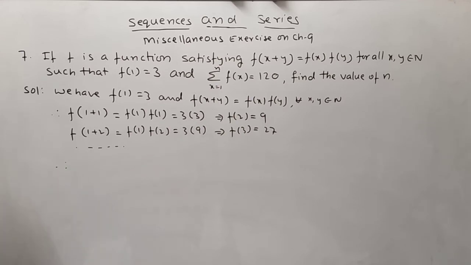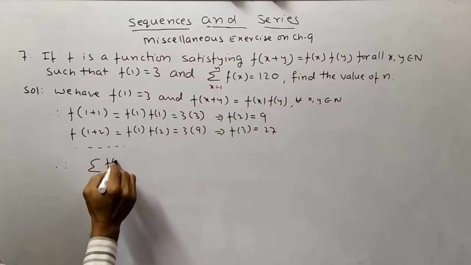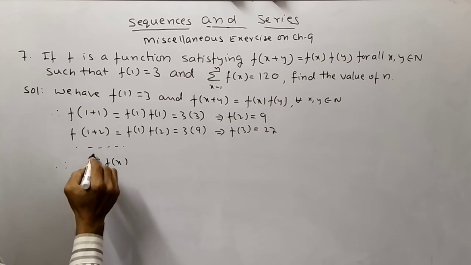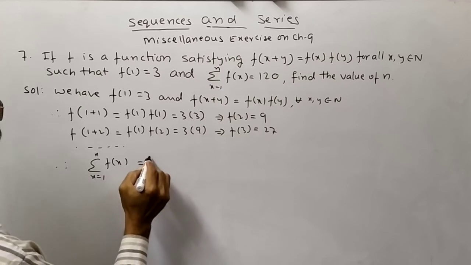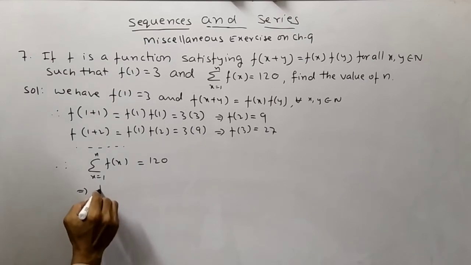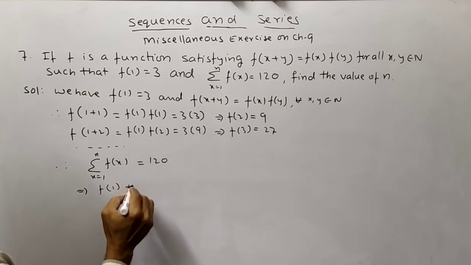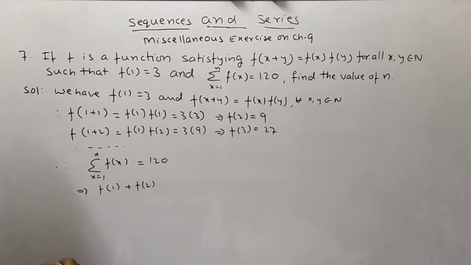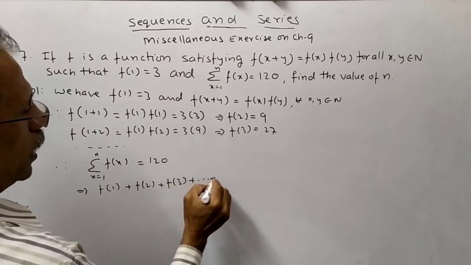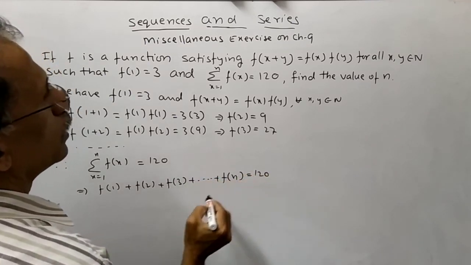Therefore, sigma f of x, x is equal to 1 to n, is equal to 120. This implies f of 1 plus f of 2 plus f of 3 plus dash dash dash plus f of n is equal to 120.